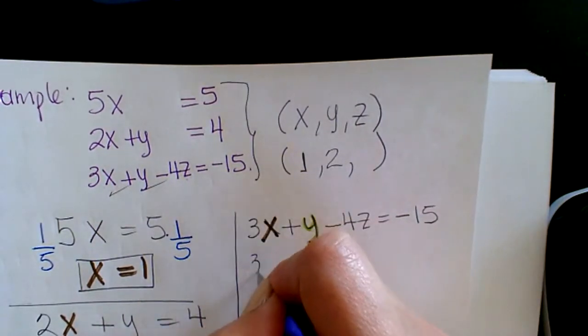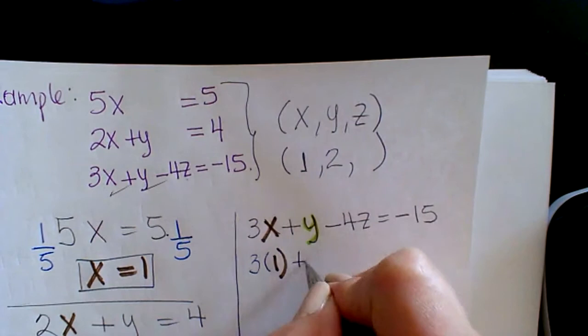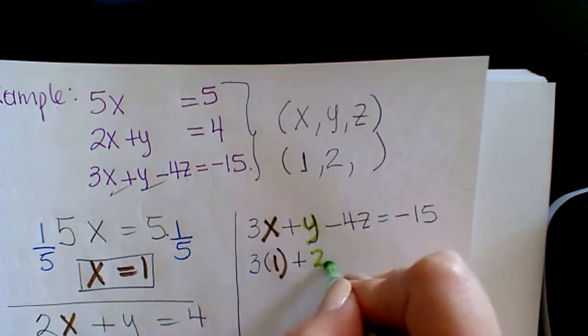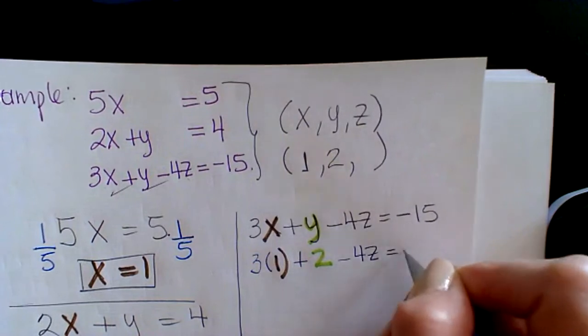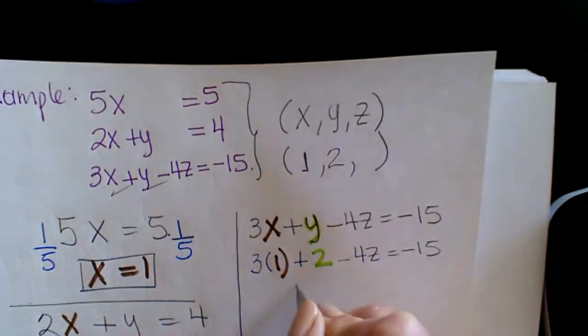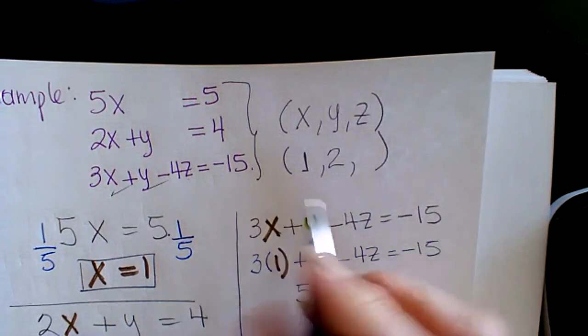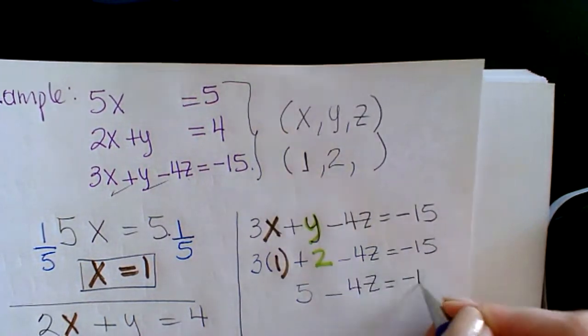So what I do here is 3 times what? Times 1, plus y is 2, minus 4z equals negative 15. So I have 3 plus 2 is 5, negative 15.